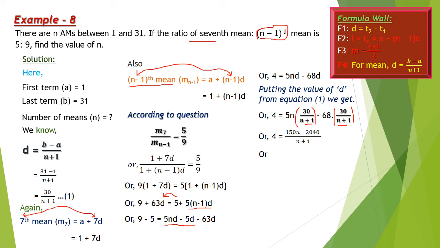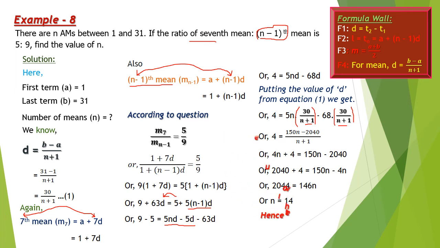Now cross multiplication, 4n plus 4 equal to 150n minus 2040, or 2040 plus 4 equal to 150n minus 4n. So arranging the like terms, 2044 equal to 146n. Now dividing, we get 14. So the value of n is 14. Simple. Now this concludes our example 8.